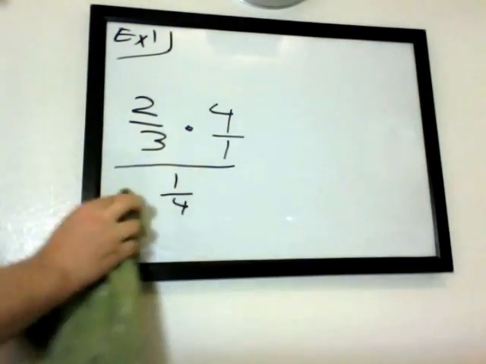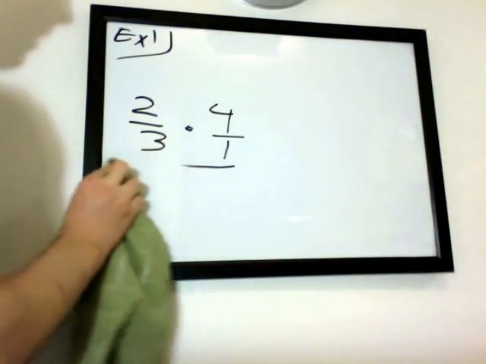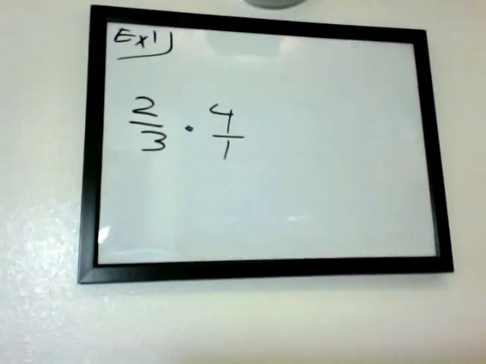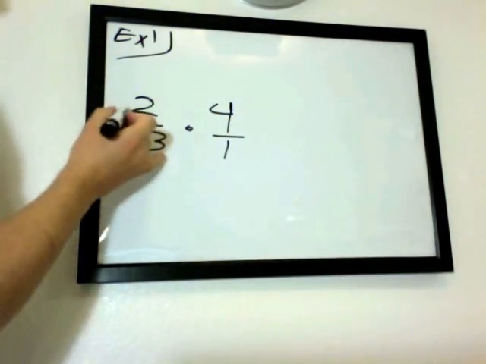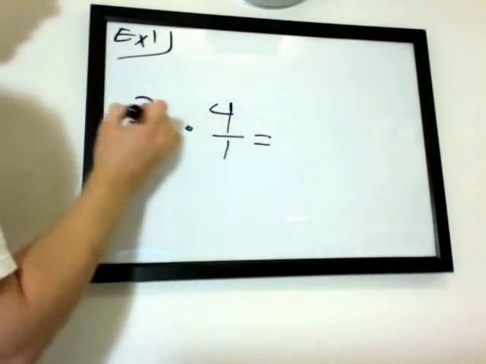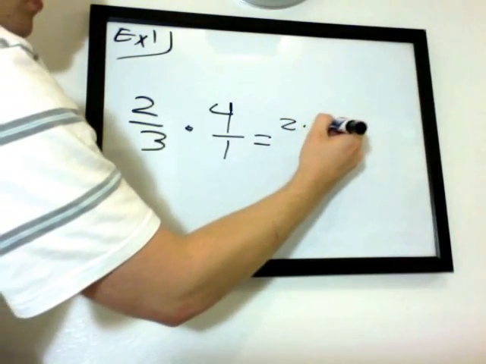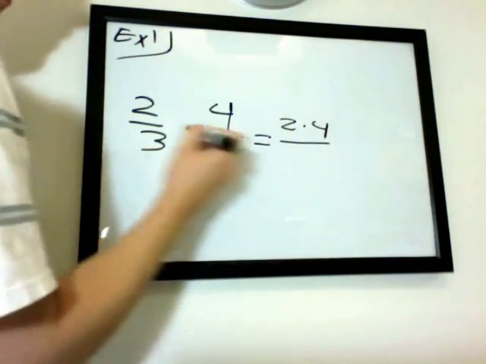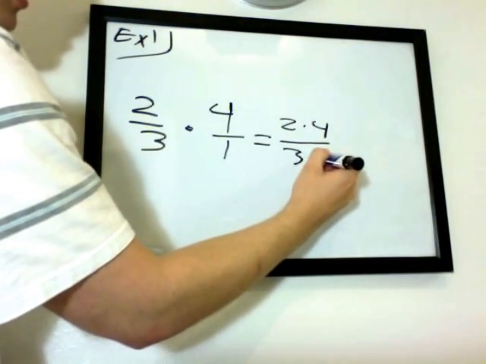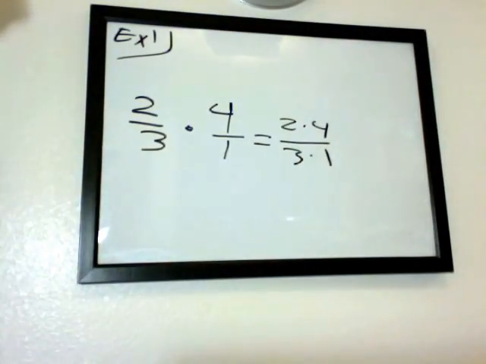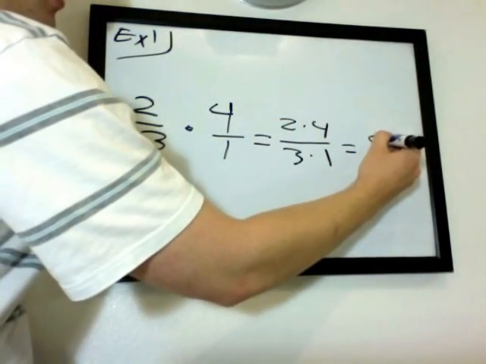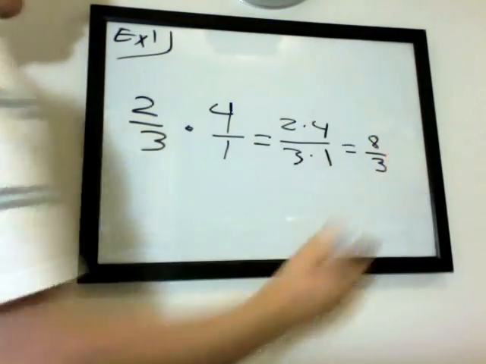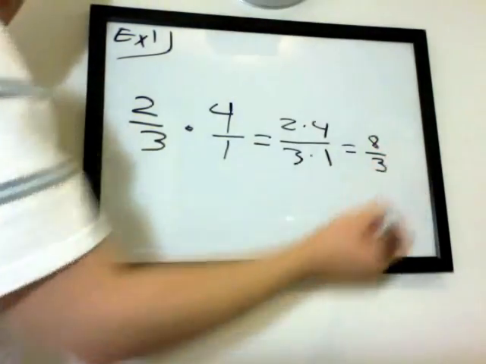Since you flipped it, you can take care of that line in the bottom portion, and now you've moved it up here. So this could also look like 2 times 4 over 3 times 1. Multiply that out, 8 over 3. And that would be your answer.